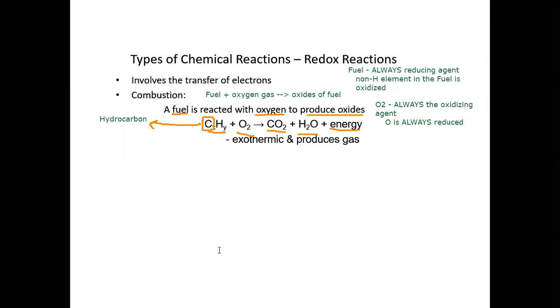And as I said, these are extremely exothermic, meaning they give off a lot of heat. So if you use an internal combustion car, when you're driving your car, it produces heat because the combustion reaction produces heat. That's why you have to have something to remove the heat from the combustion chamber.